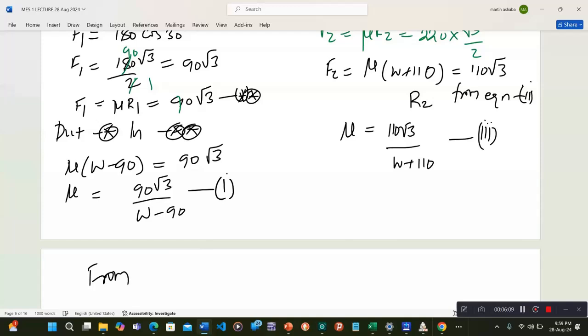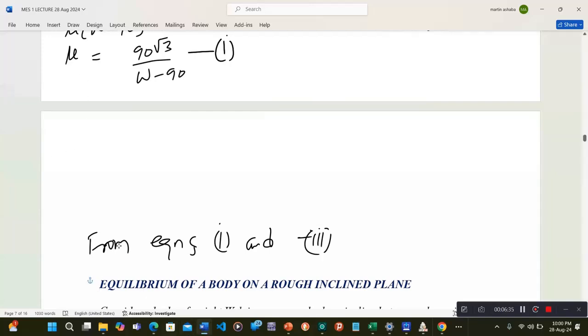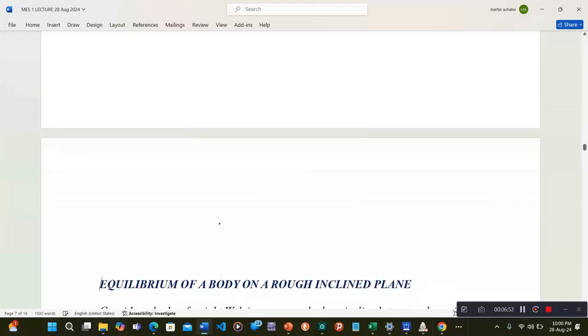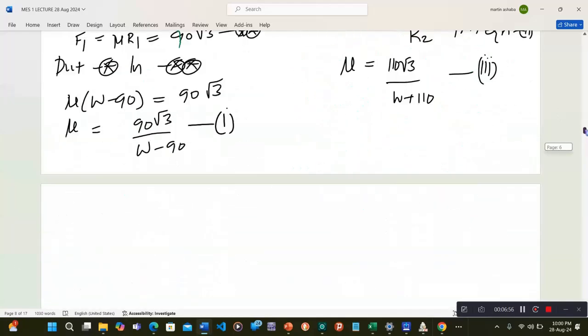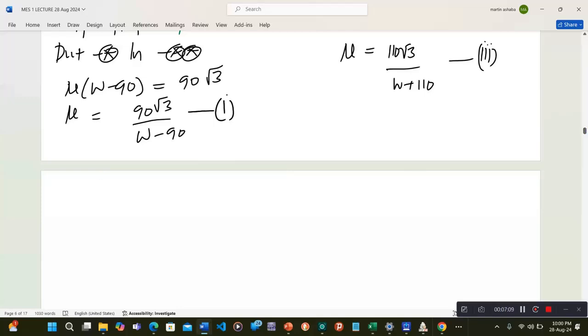So from equations 1 and 3, I'm going to equate the two.